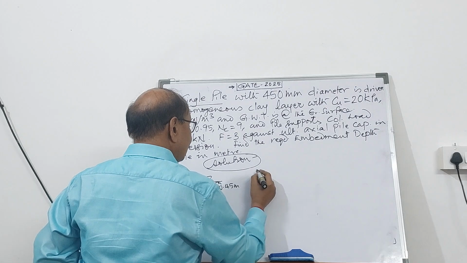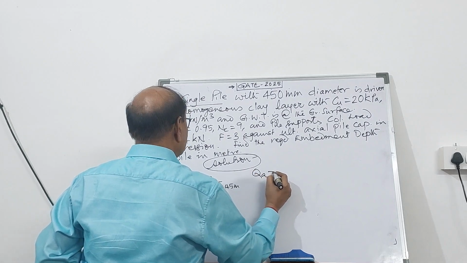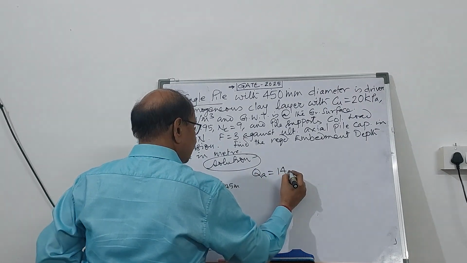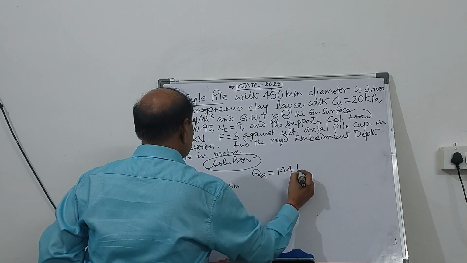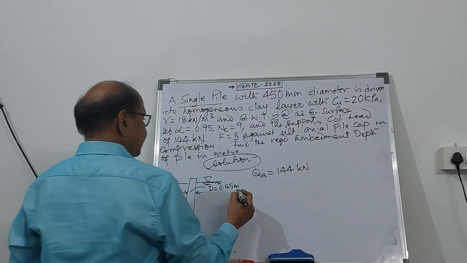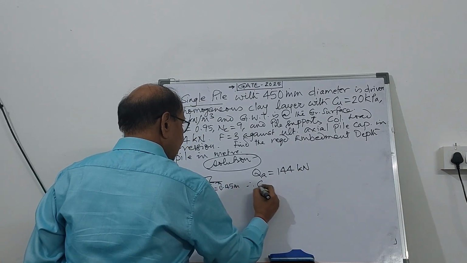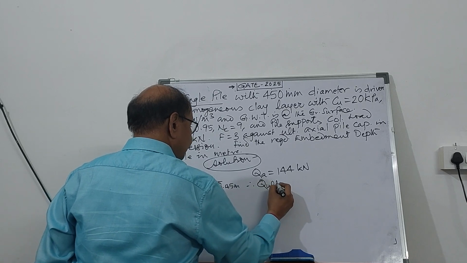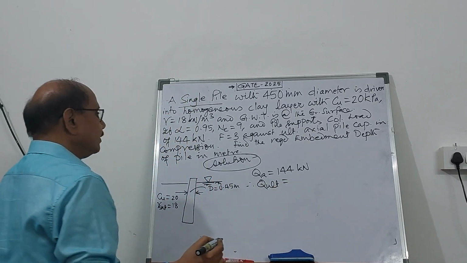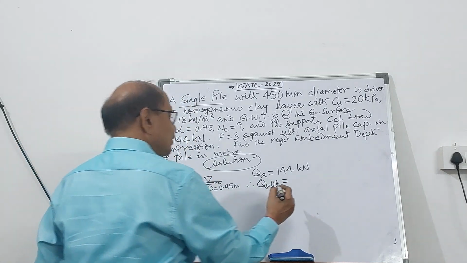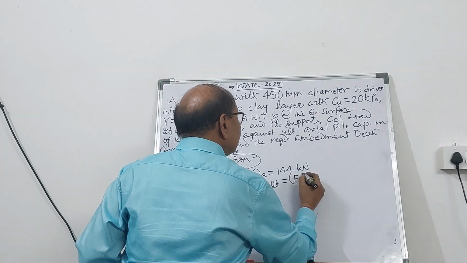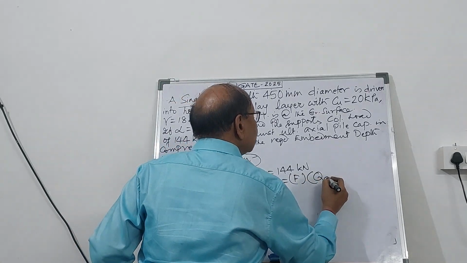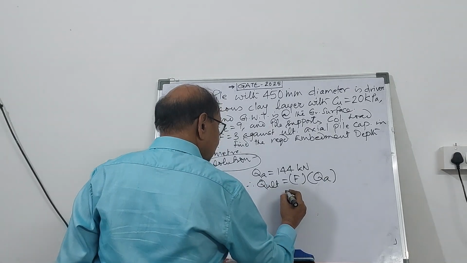So the allowable load for this single pile is given. Therefore, the ultimate load, Q ultimate, will be factor of safety multiplied by the allowable load.